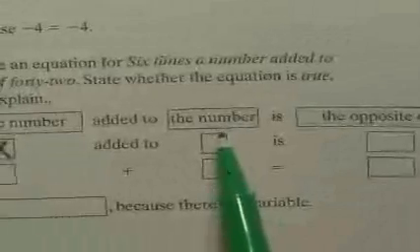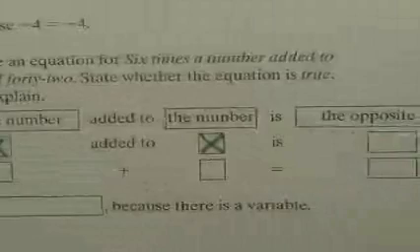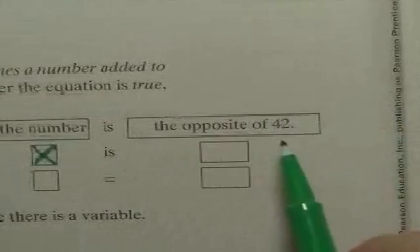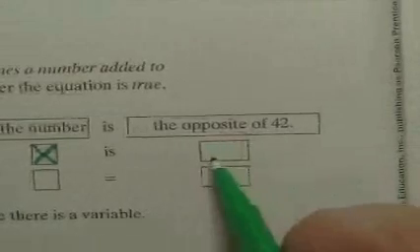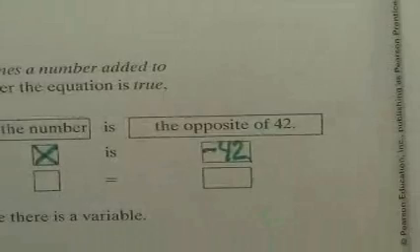Okay? And that is added to the number. What do we say the number is again? X. Is the opposite of 42? The opposite of 42 is negative 42. Okay, so now let's write our equation.